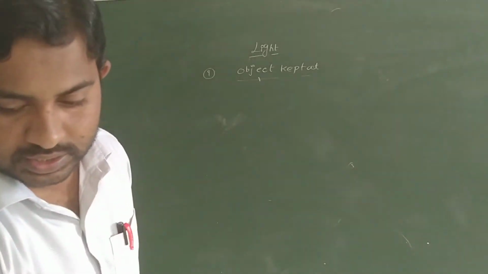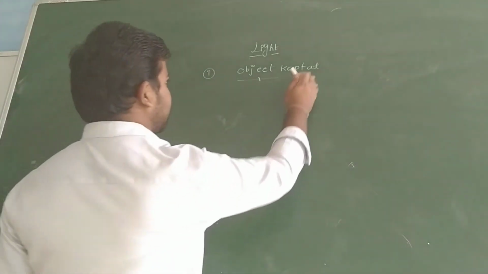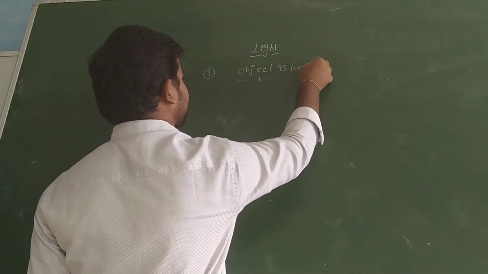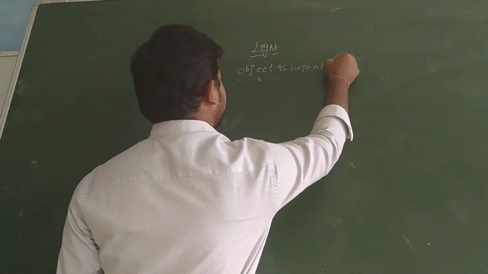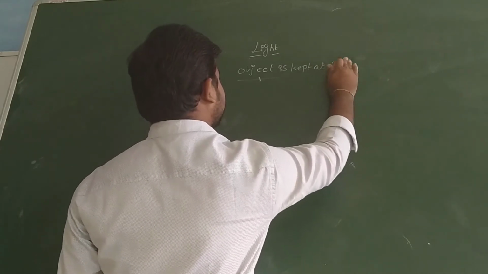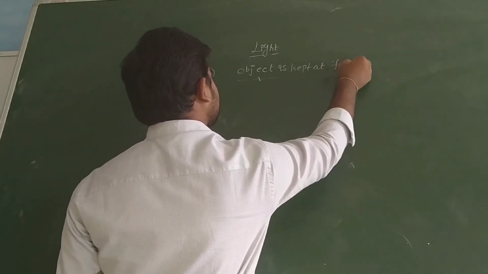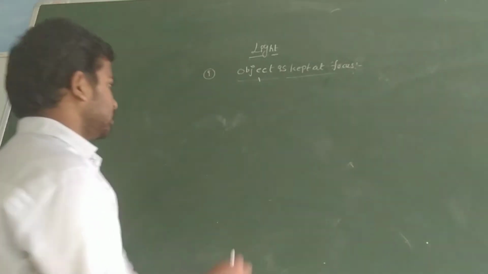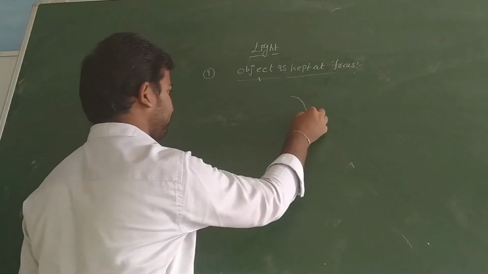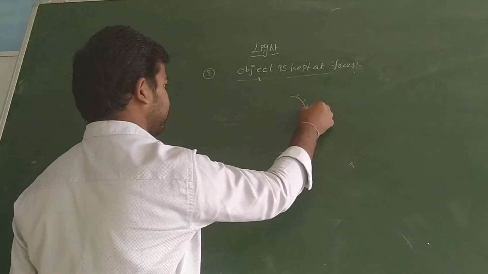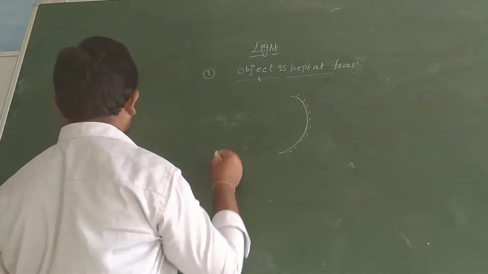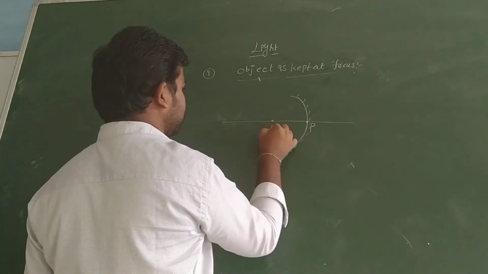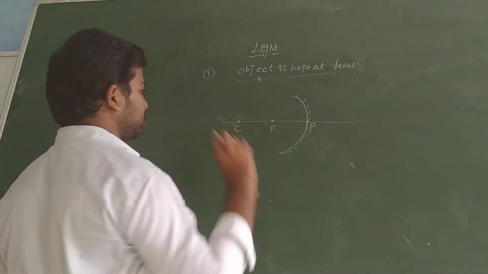Next one is object kept at focus. See, this is the pole, this is the focus, and this is the center of curvature.